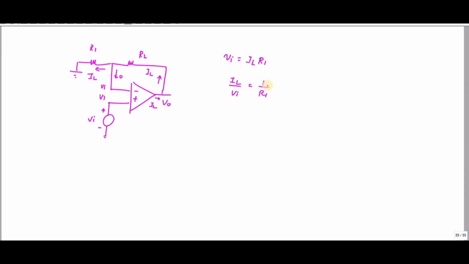So this circuit is called a voltage to current converter with floating load. Why is it called a floating load?